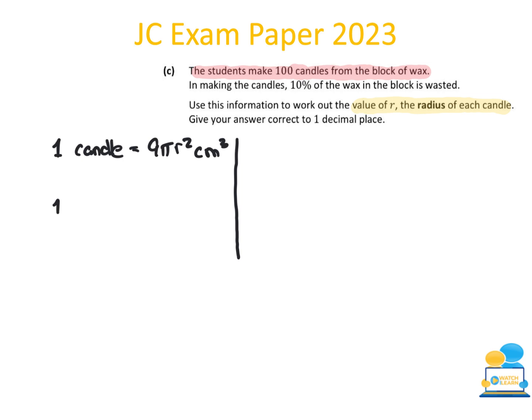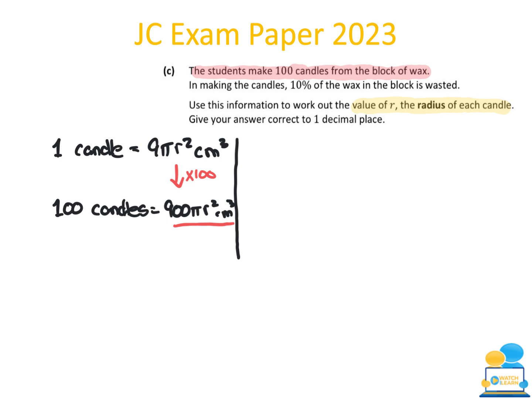So if I want to find out what the volume of 100 candles will be, I need to take my value for one candle and multiply that by 100 to give me the volume of 100 candles. And 9 pi r squared multiplied by 100 will give me 900 pi r squared centimetres cubed. That's my first value for the first part of this question.